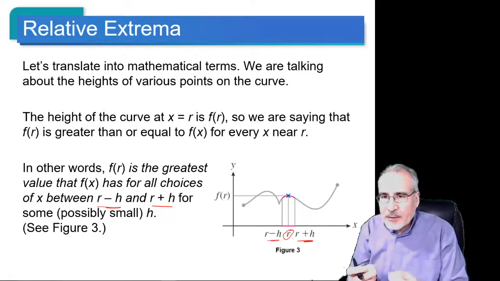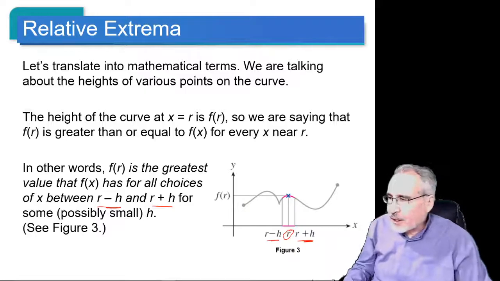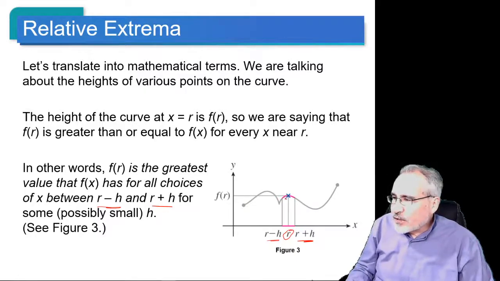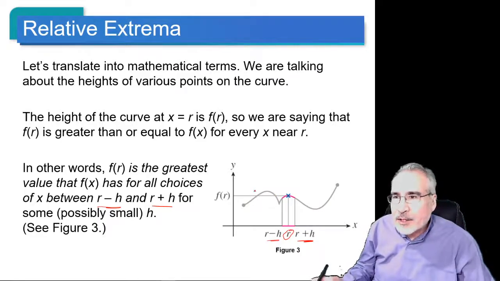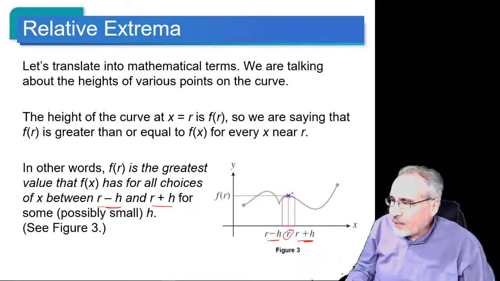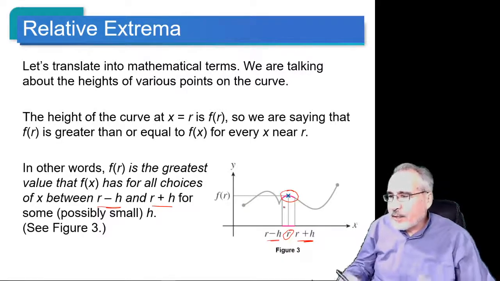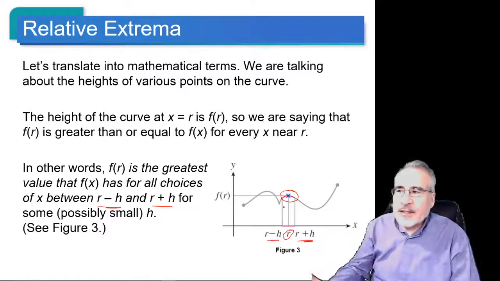It could be a very small value, it could be a little bit larger, but we're just saying if it's small enough. If you're too large, you're out of the neighborhood, right? So we're thinking, let's just see the neighborhood area. A little bit to the left, a little bit to the right. This r value is a maximum if its y value is bigger than all the other guys.